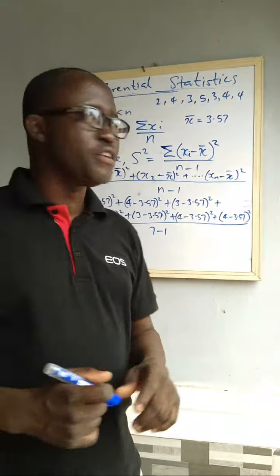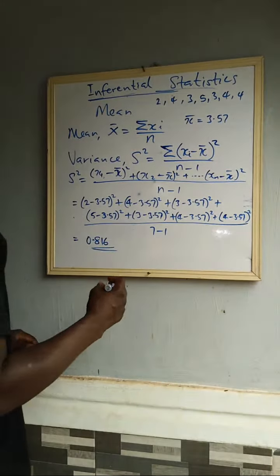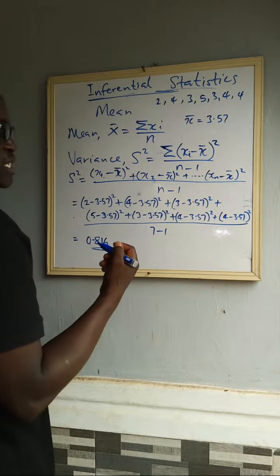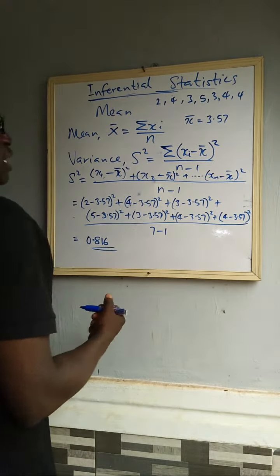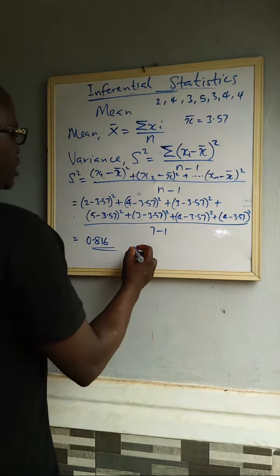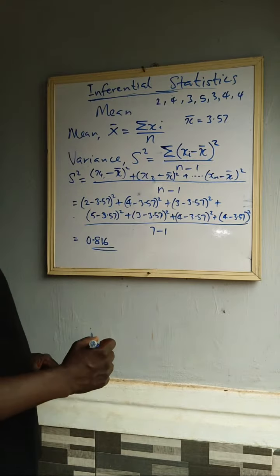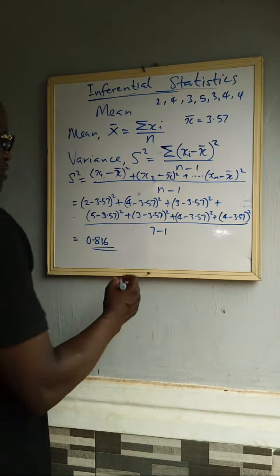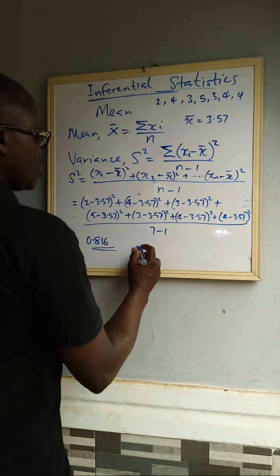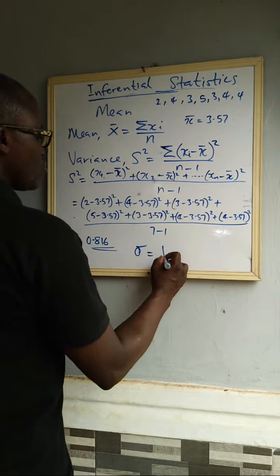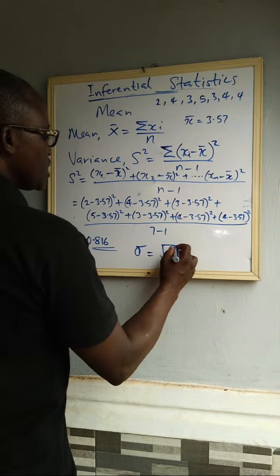Now, after calculating variance, you must also know something. Sometimes you need to determine the standard deviation of a set of data like this. Standard deviation is the square root of variance. It is represented as the square root of s squared.